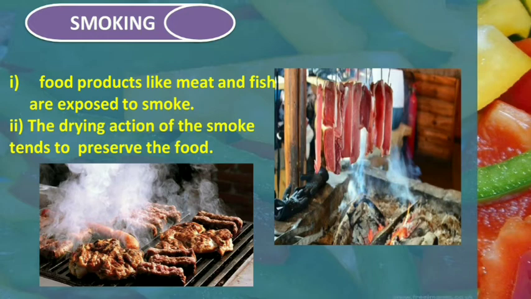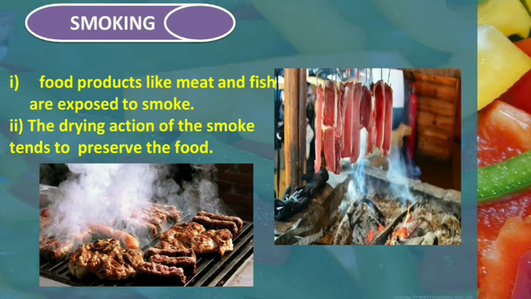So smoking of wood is done at the commercial as well as the home level. The meats are hung or placed on racks in an enclosed area so that the smoke does not escape and instead penetrates the foods.